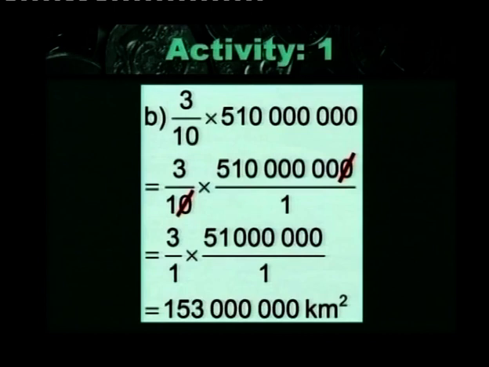So you multiply 3/10 by 510 million. When you cancel down, you will come up with 153 million square kilometers. That's the measurement given to the land which is not covered by water. To the receiving teacher, you can write the answer on the blackboard.